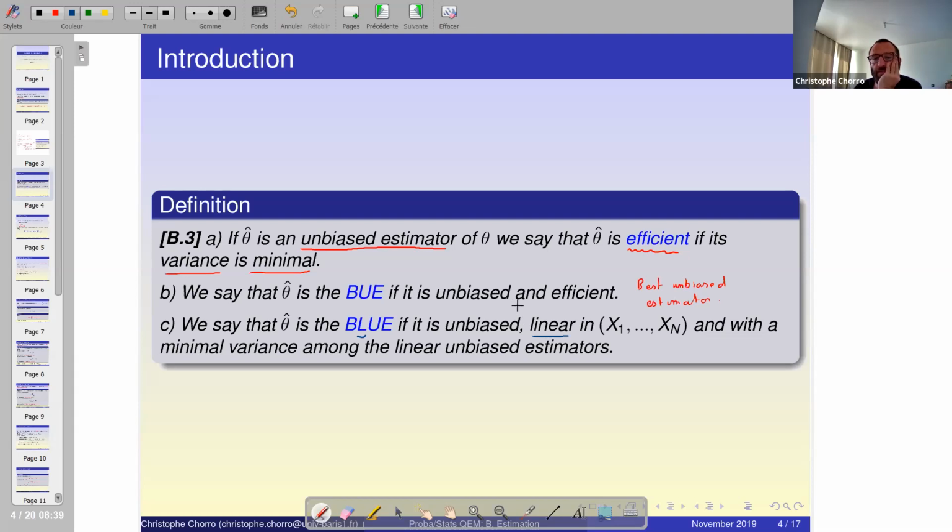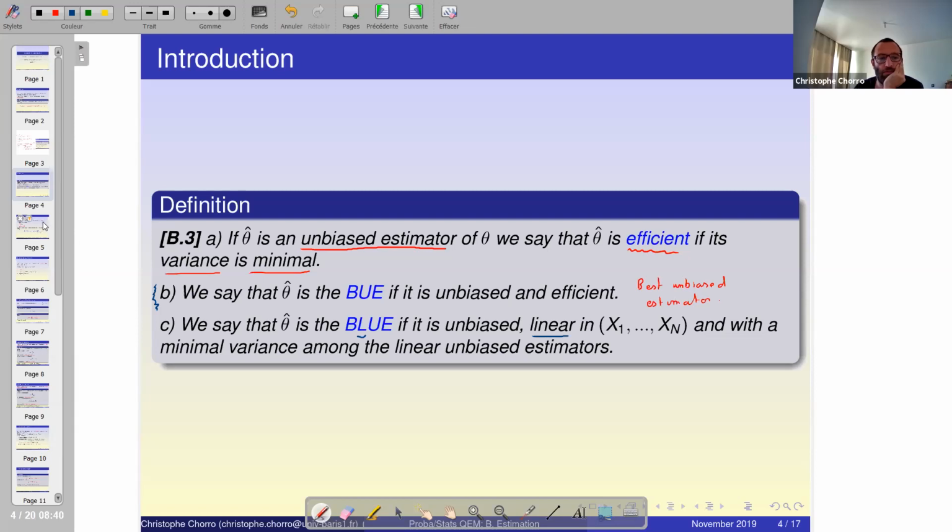So a BLUE estimator is an estimator that is unbiased, linear, and that is the best among the linear unbiased estimators, that is the one that has the minimum variance. But what we are going to be interested in this course mainly is to find BU estimators, that are ones that are unbiased and efficient. Efficient meaning that the variance, so the mean square error, is minimal. Okay, so it's what we are going to have in mind here.